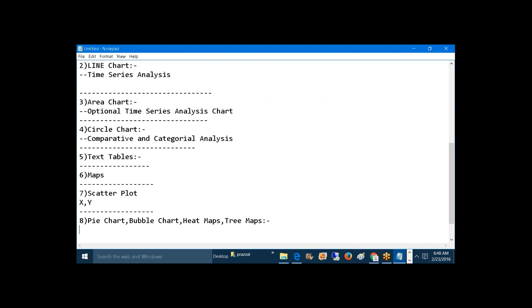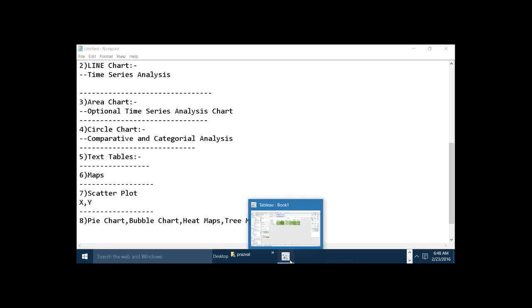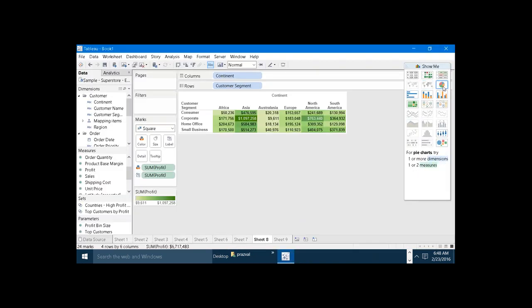For all these 4 charts, the minimum requirements are the same. If you go to the pie chart, the minimum requirements are 1 or more dimensions and 1 or 2 measures. And if you go to the packed bubble, the minimum requirements are 1 or more dimensions and 1 or 2 measures. And if you go to the tree map, the minimum requirements are 1 or more dimensions and 1 or 2 measures.